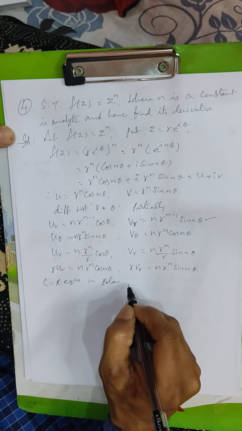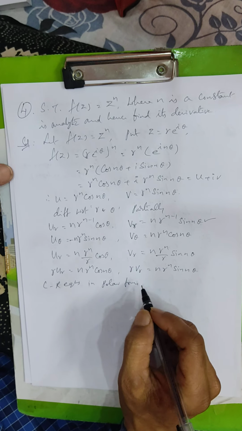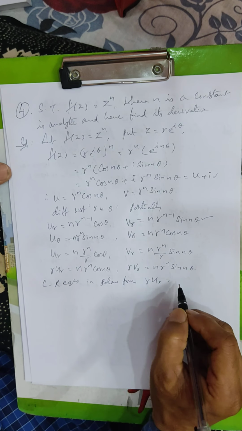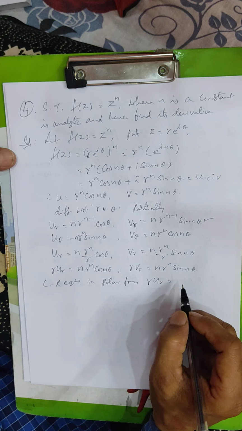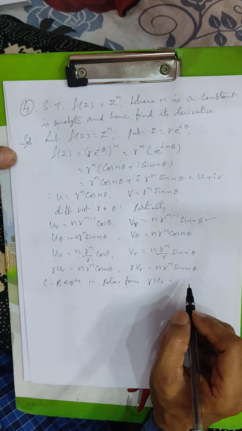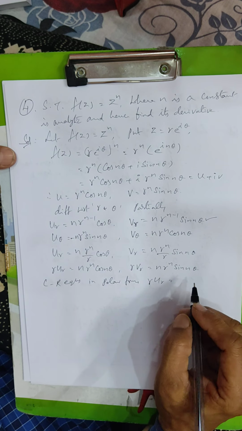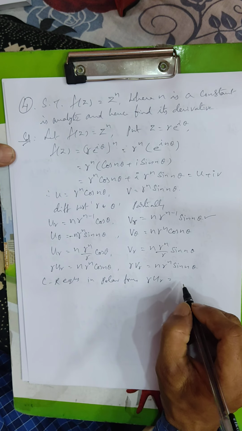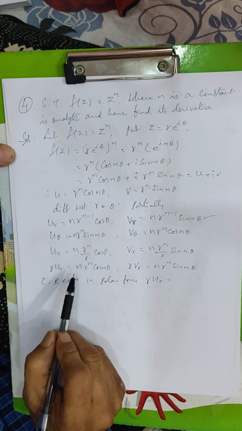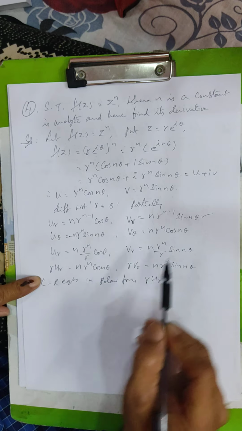So the CR equations in polar form. What are CR equations in polar form? r u r is equal to what? v theta. Exactly, r u r is equal to v theta.